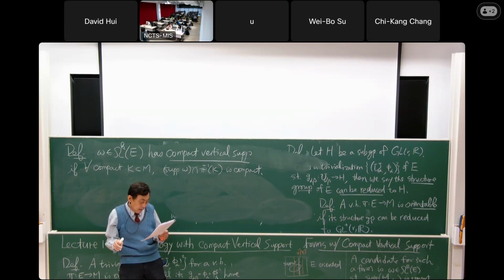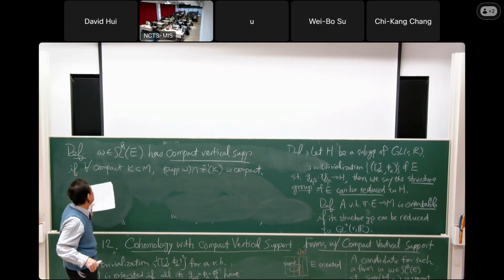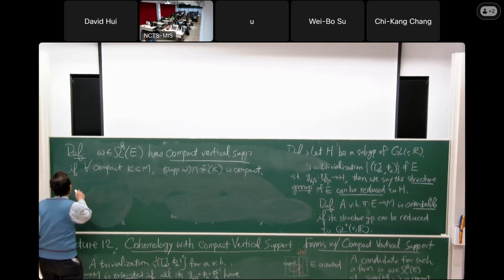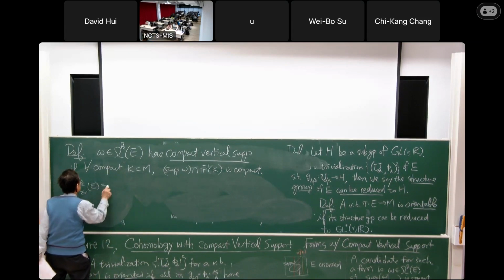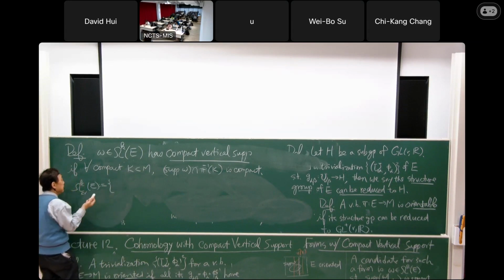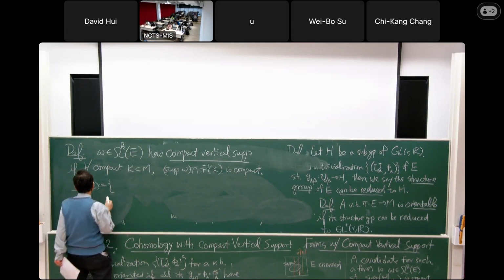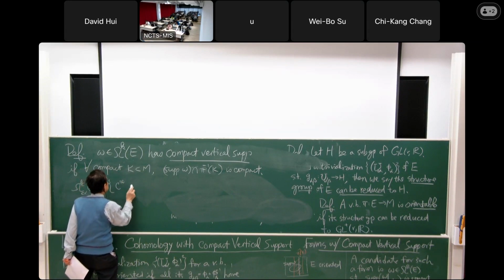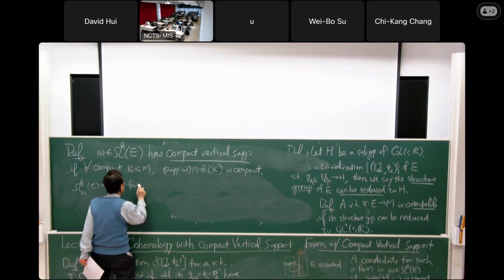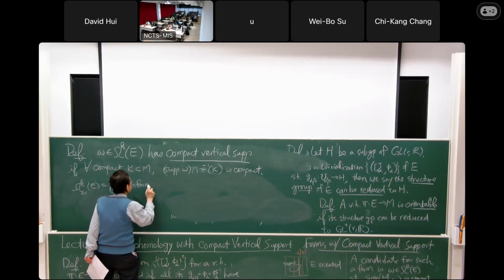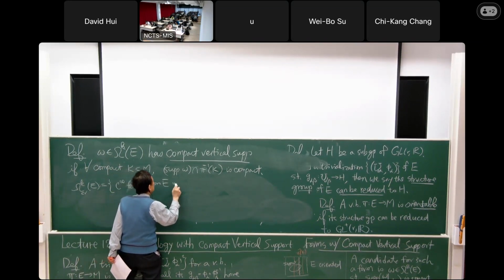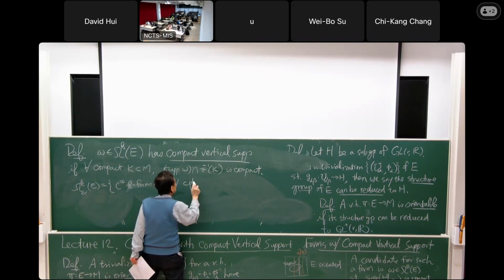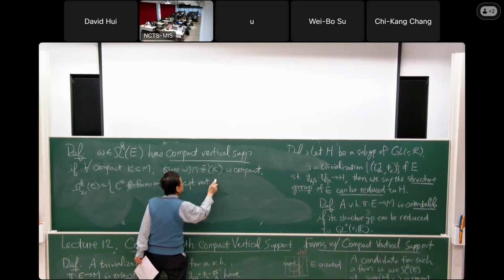Okay? All right, so we have now defined these forms with compact vertical support. And this is the notation: you just put compact vertical as a subscript. C infinity k-forms on E with compact vertical support.